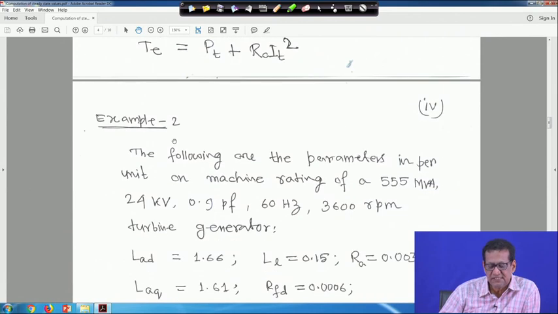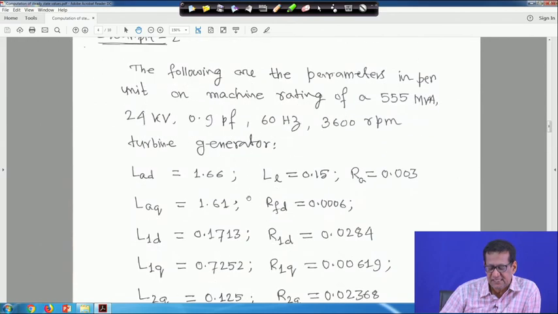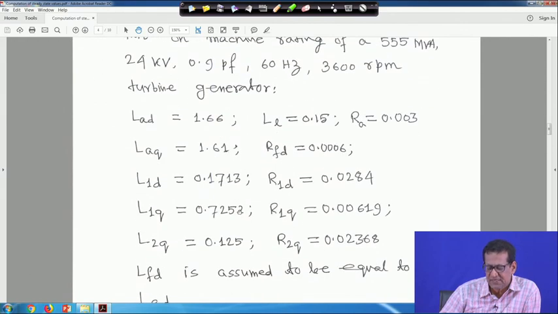Now, this is example 2. The following are the parameters in per unit on machine rating of a 555 MVA, 24 kV, 0.9 power factor, 60 Hz, 3600 RPM turbine generator. All these parameters are given in per unit, so every place I did not write PU, it is understandable that it is in per unit. LAD is given 1.66, LL is given 0.15, RA 0.003, all in per unit.